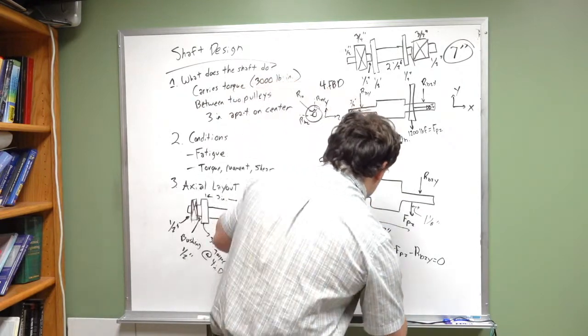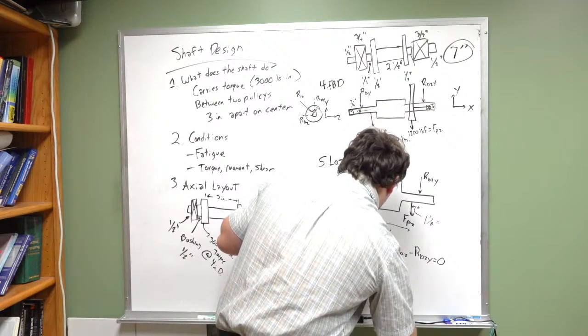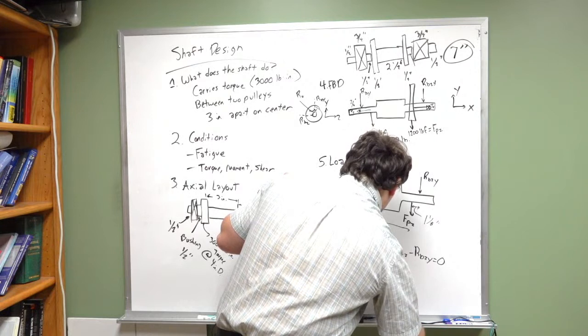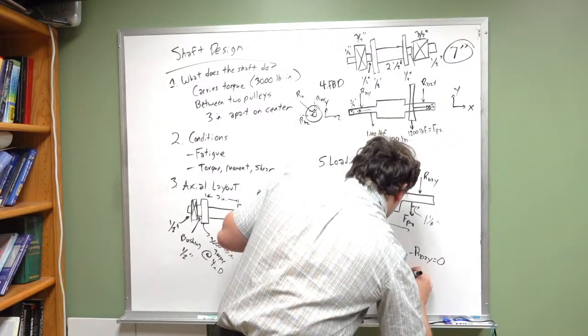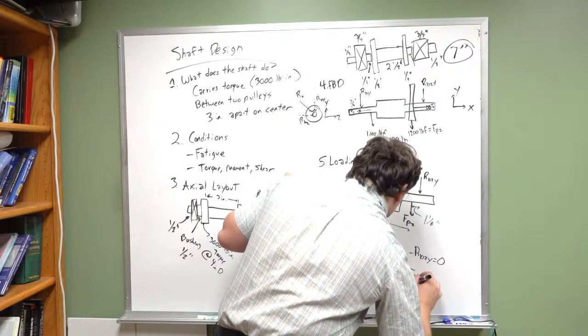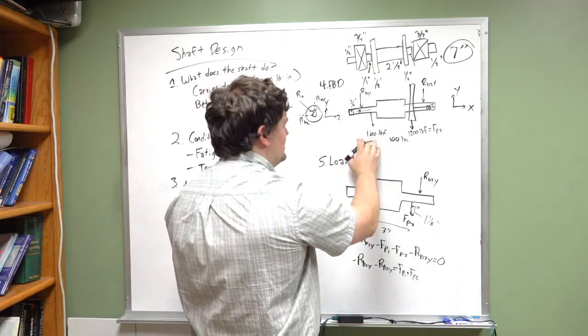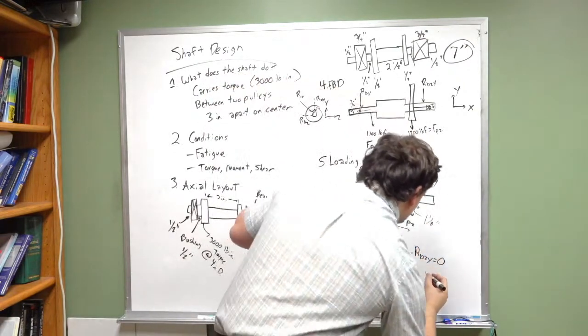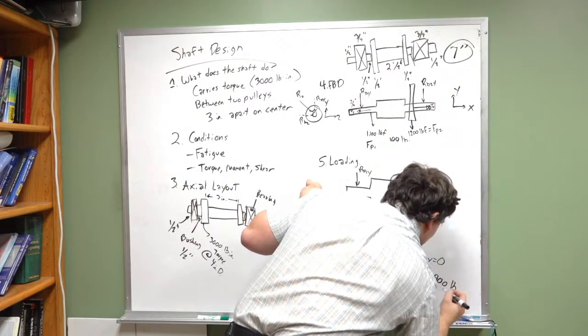So what we end up with is negative RB1Y minus RB2Y is equal to FP1 plus FP2. We know what FP1 and FP2 are because we picked them earlier. This is 1,700 and 1,200. This is going to equal a total amount of 1,900 pounds.